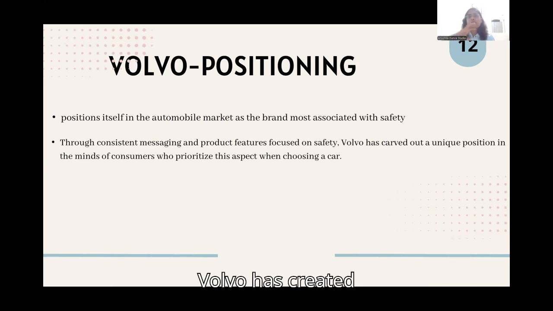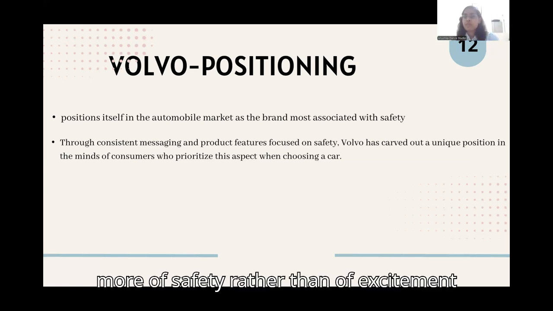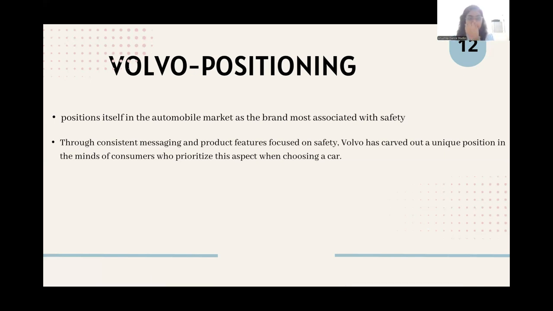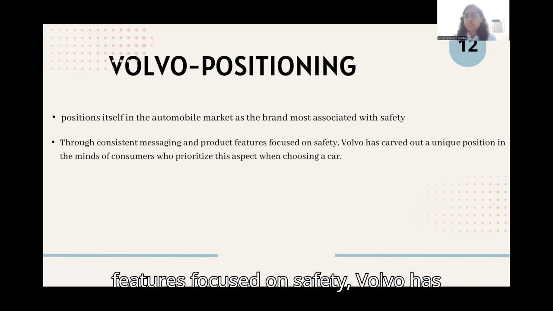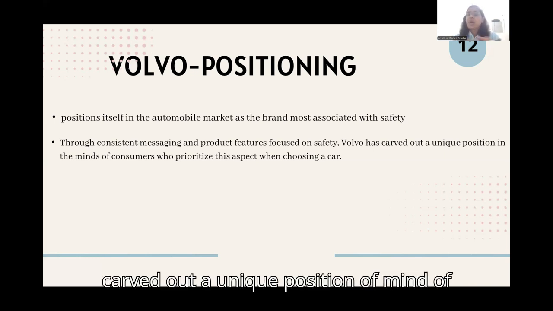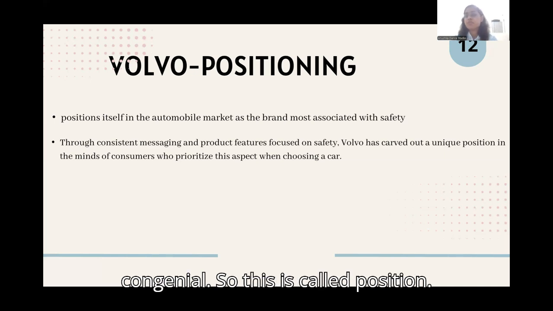Volvo has created ads in such a way that it is seen as more about safety rather than excitement or thrill. Through consistent messaging and product features focused on safety, Volvo has carved out a unique position in the mind of consumers. So this is called positioning.